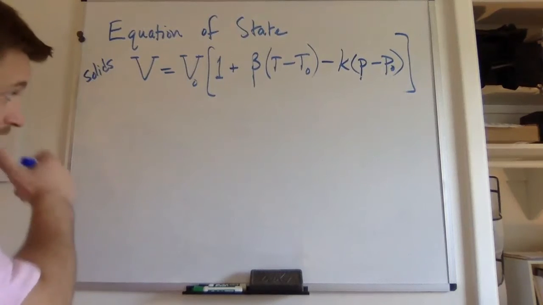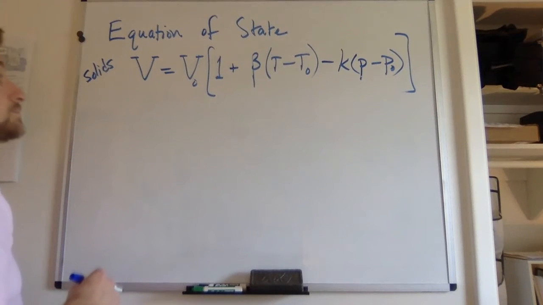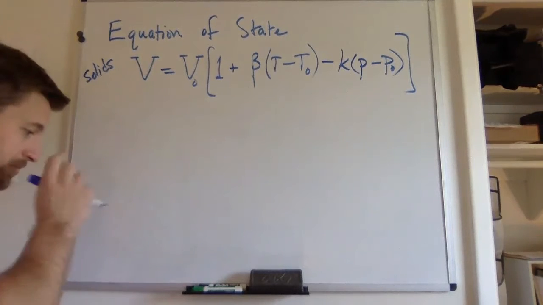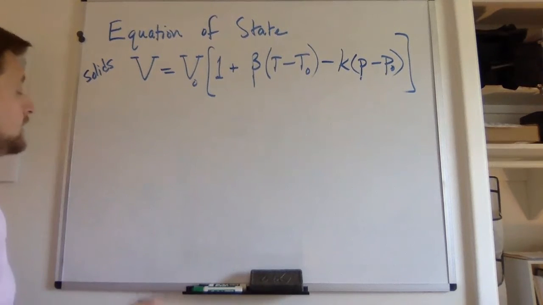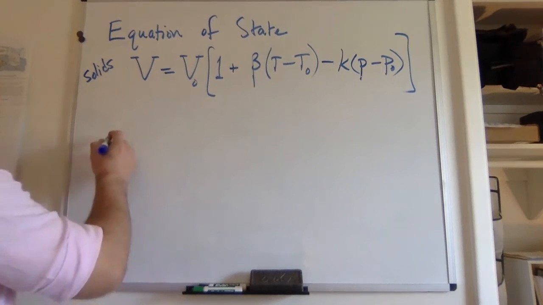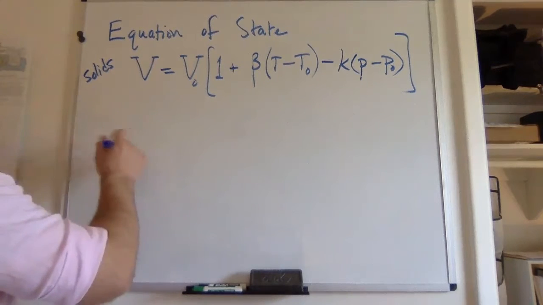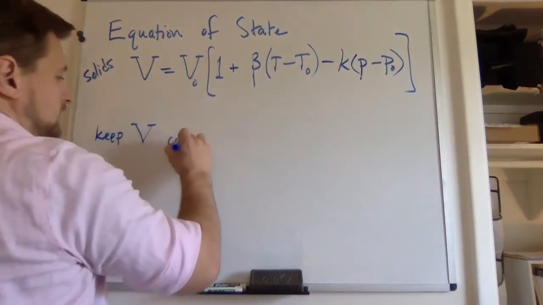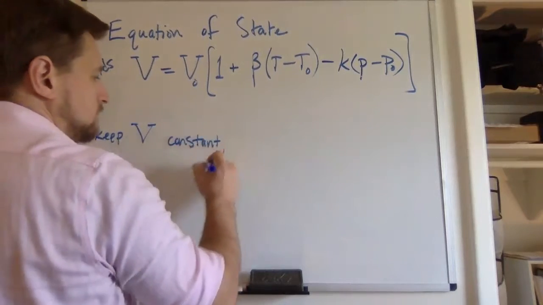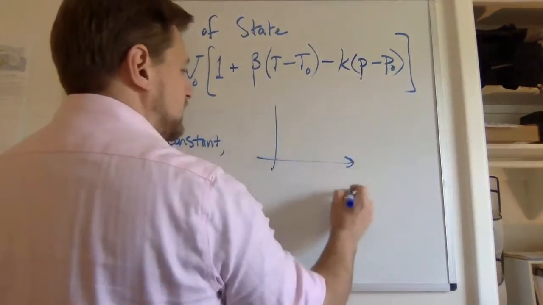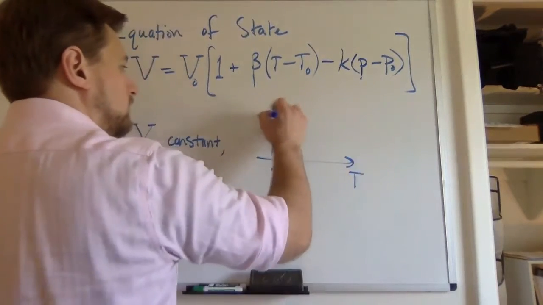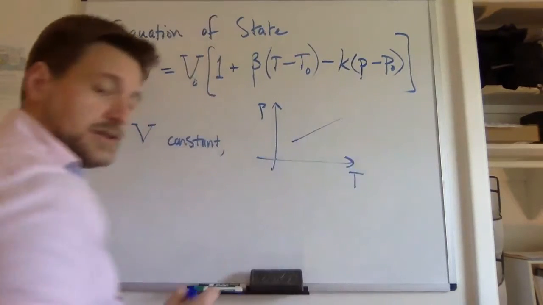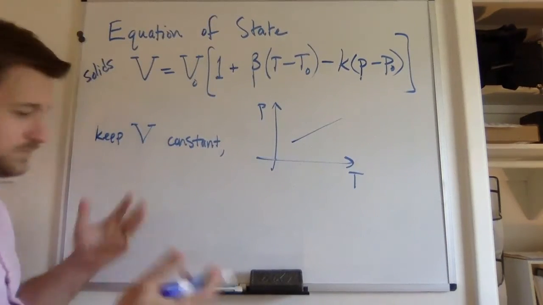There are three things we know from experiment about gases generally. We know that if we keep the volume constant, as we increase the temperature, we increase the pressure, which makes sense.